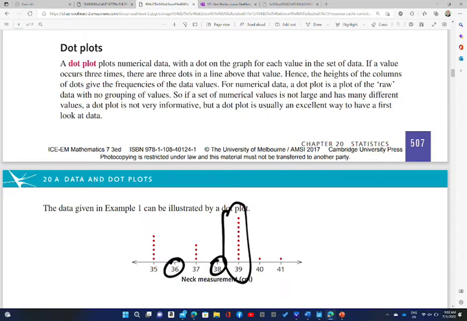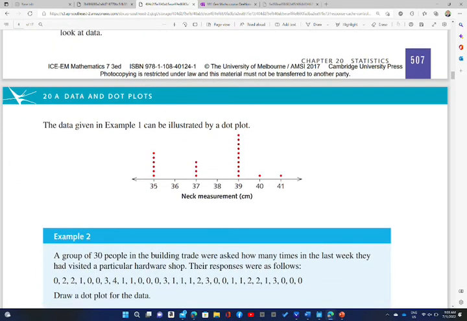Again, remember, think about why you would use a specific plot as well as being able to make them. Another thing that you need to make sure you notice, the title. Your graphs and charts are worthless without titles. If you have no titles, then it's completely wrong. So be very careful about that.